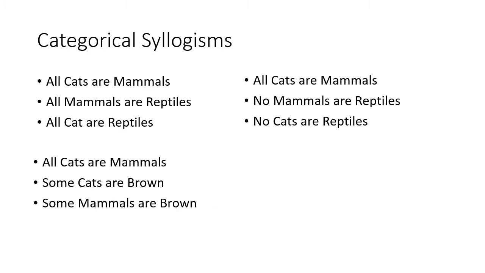Here's a third example: all cats are mammals. Some cats are brown, therefore some mammals are brown.